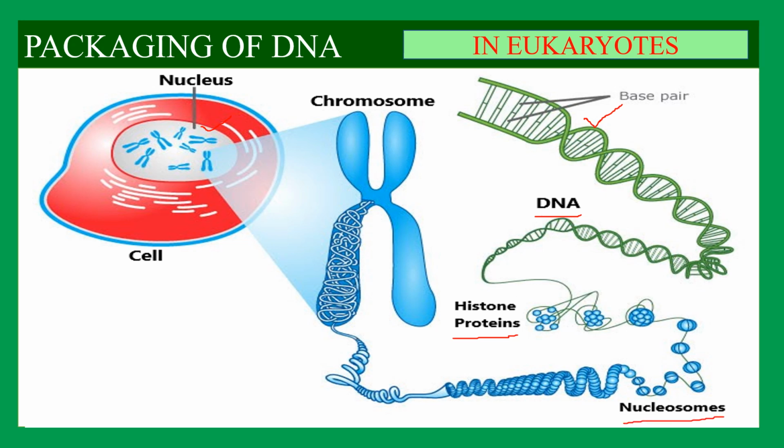The nucleosomes are arranged as beads on a string to form chromatin. Chromatin is further packed to form chromatin fiber, and chromatin fiber is further packed to form a metaphase chromosome with the help of some non-histone chromatin proteins. The chromosomes get packed inside the nucleus.